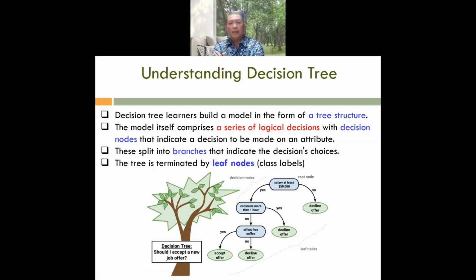So the basic idea of decision tree is that they will divide your data into sub-partitions depending on the value of the feature that they use to split your data.